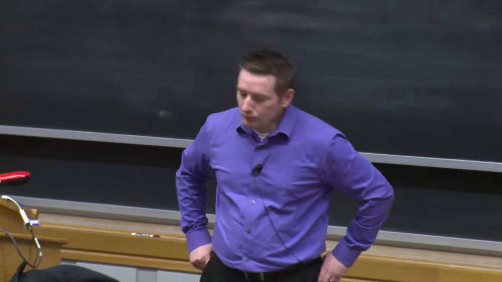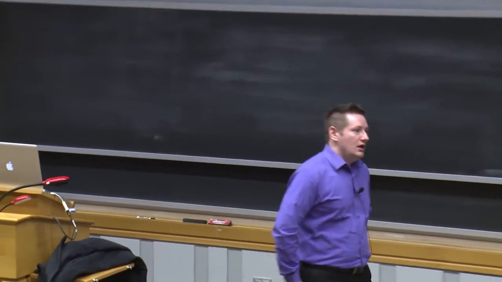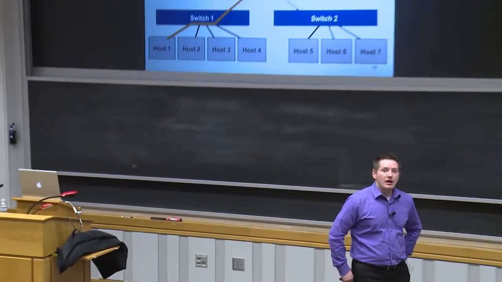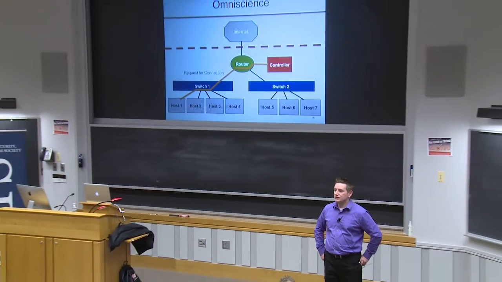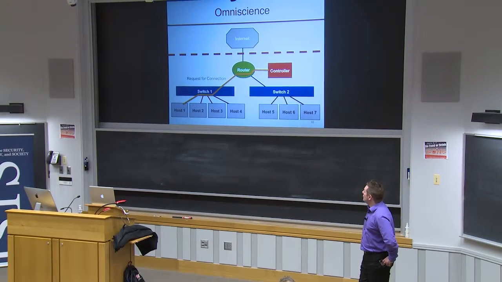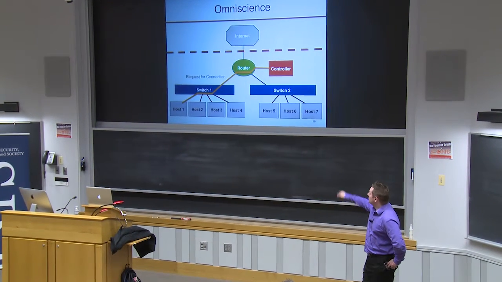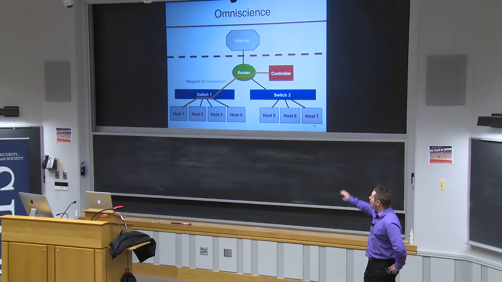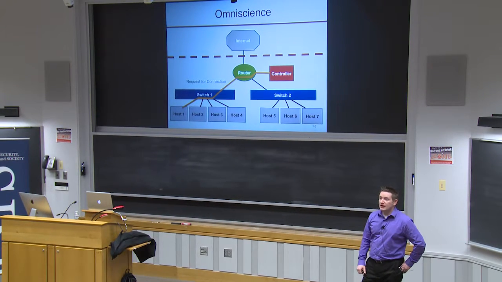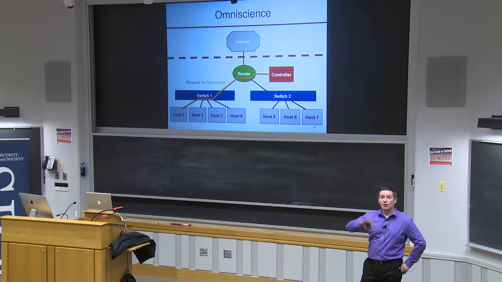So what we want to do is be able to switch it so that we're able to see all of this because the host tells us what's going on. So when we have a host that wants to communicate with another one on the network, the first thing it's going to do is tell the network controller, here's what I want to do. May I do so?